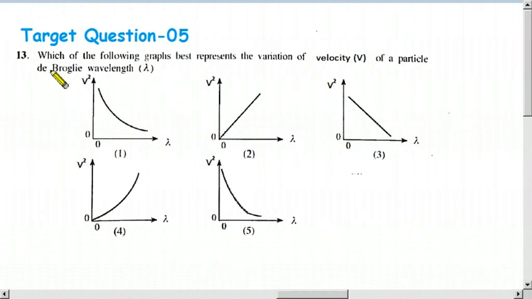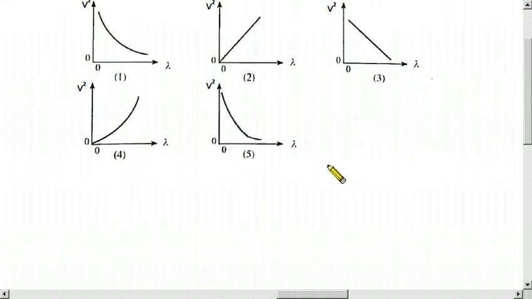So children, here is your next target question, question number 5. Try this alone on your own without looking at my answer. Pause the video. So lambda equals h divided by mv.